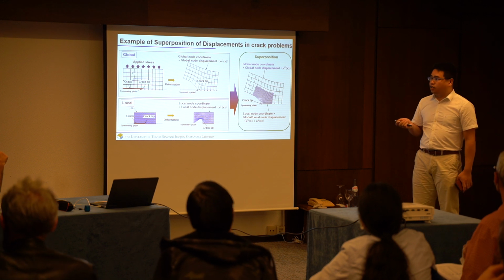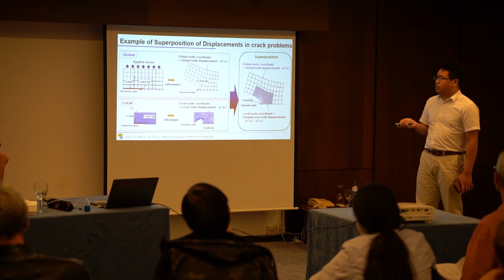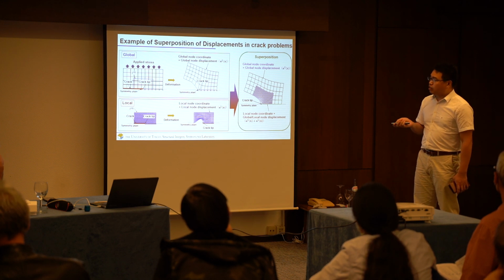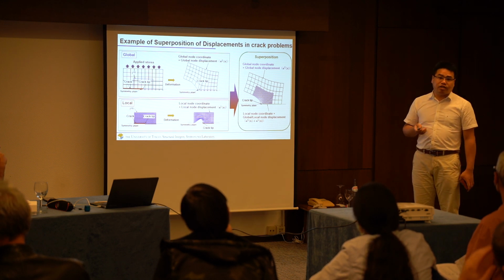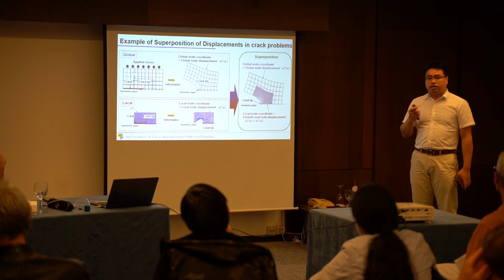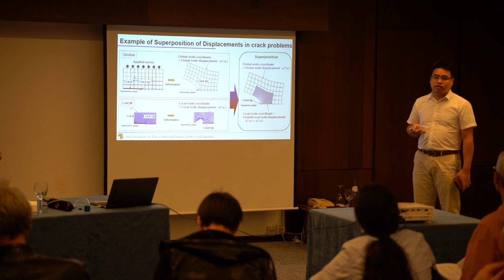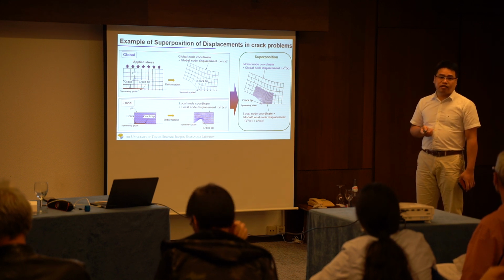That is the first advantage. The second advantage is the accuracy. We compared with the conventional finite element method, and we found that to reach the same accuracy, the degrees of freedom are greatly reduced. Those are the advantages, I think.